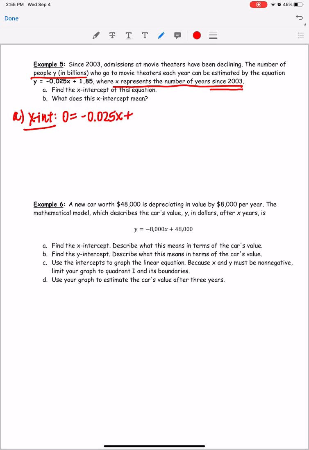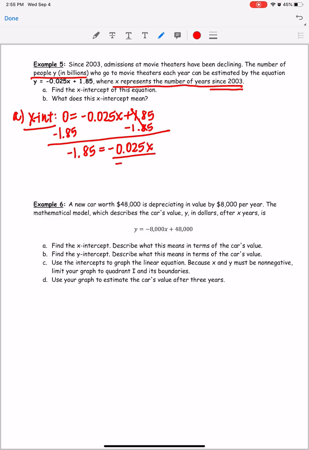0.025x plus 1.85. So solve this. I know they're decimals, but treat it the exact same. Opposite of a plus 1.85 is to subtract 1.85. Cancels over here. And I have negative 1.85 equals negative 0.025x.